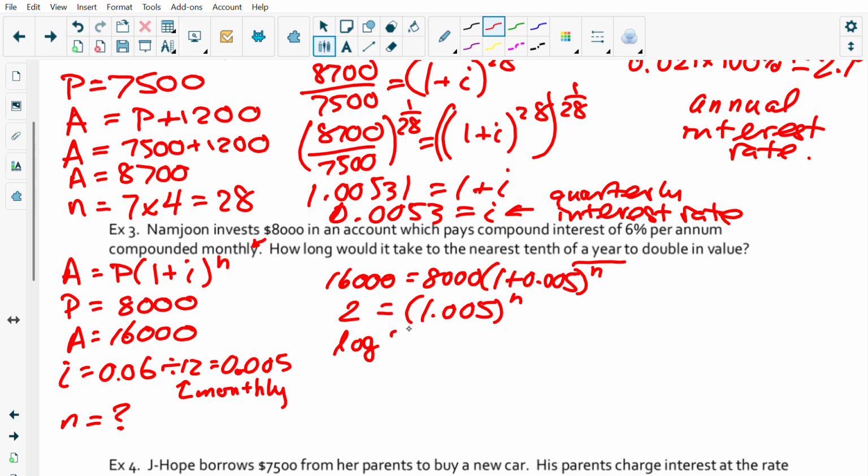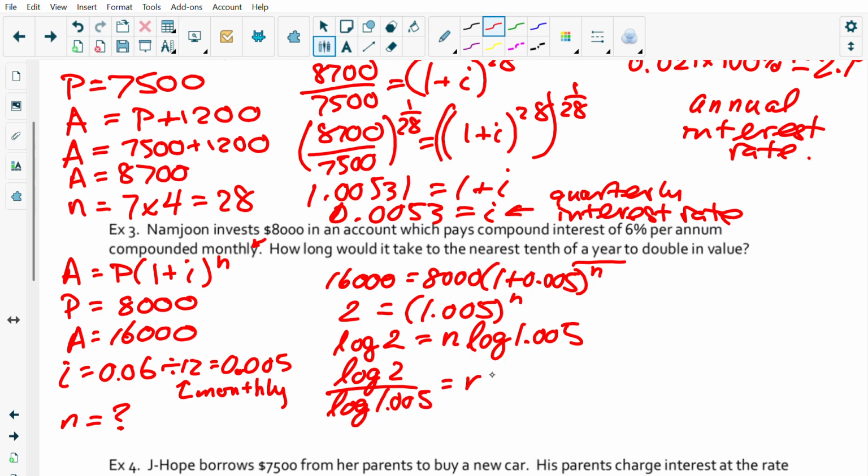Well, I need logarithms here. So log of 2 equals, I'm just going to save a step here, I'm going to bring that n down, the power rule, n log of 1.005. Okay. Divide both sides by log of 1.005. So log of 2 divided by log of 1.005 equals n.